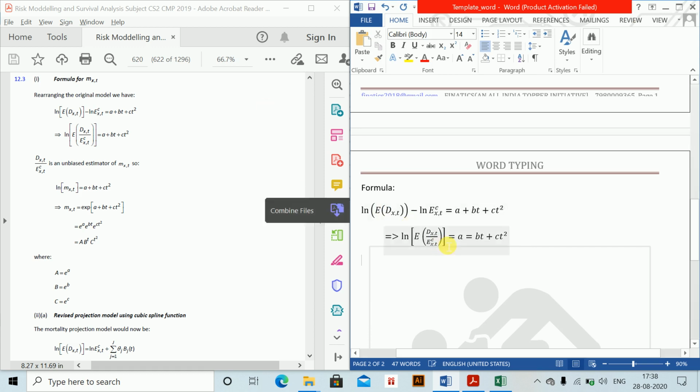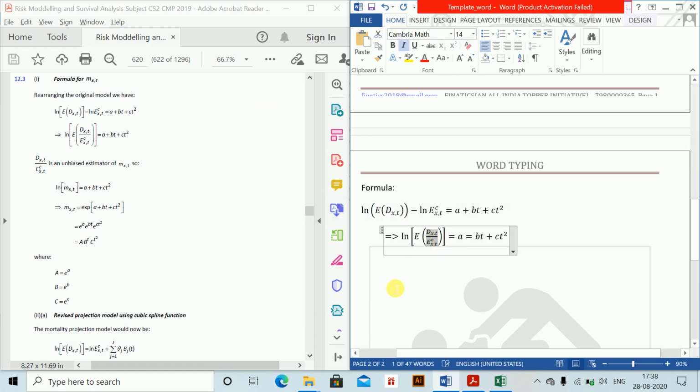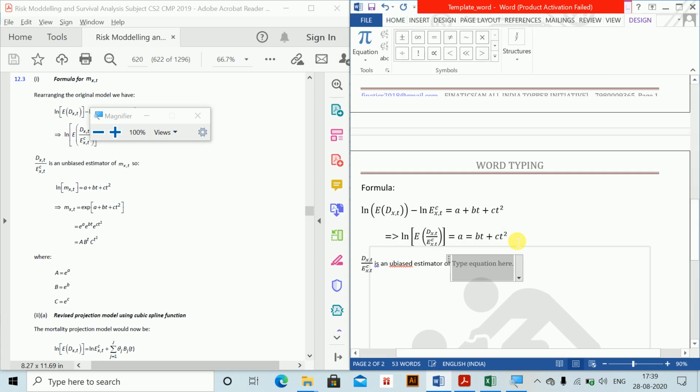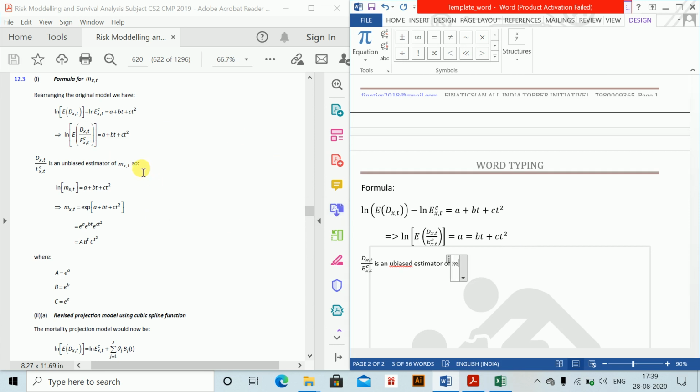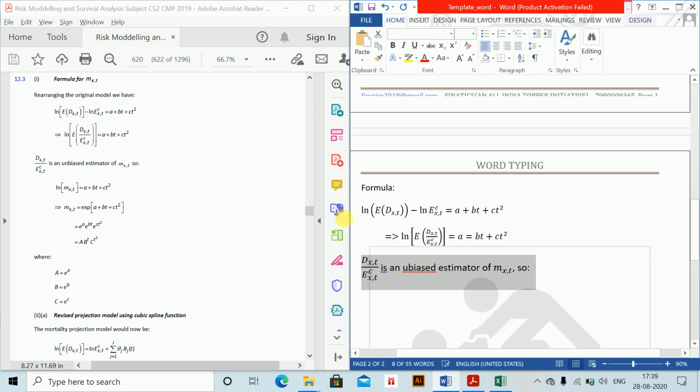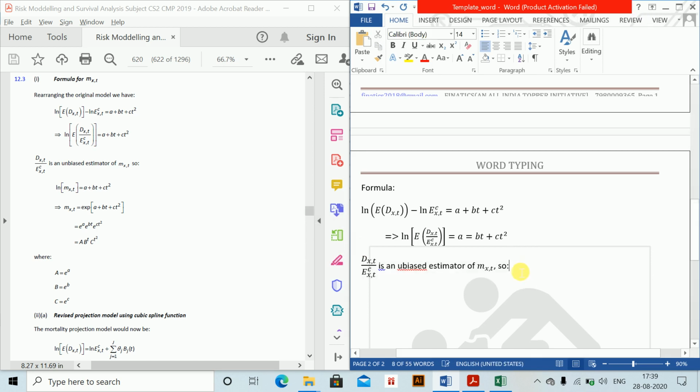Now d(x,t) over c(x,t) is an unbiased estimator of m(x,t). Please increase your font size, I can't see, so I'm increasing the font size.